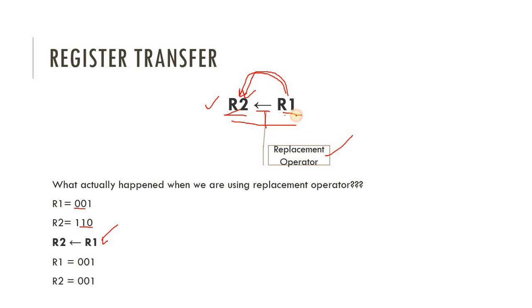So the content of R1 stays the same, but the content of R2 will change. After this execution, the value of R1 is still 001, but the value of R2 is changed. The initial value, 110, is removed and the new value 001 is placed. This is how the replacement operator works. I hope you are now clear with the replacement operator.